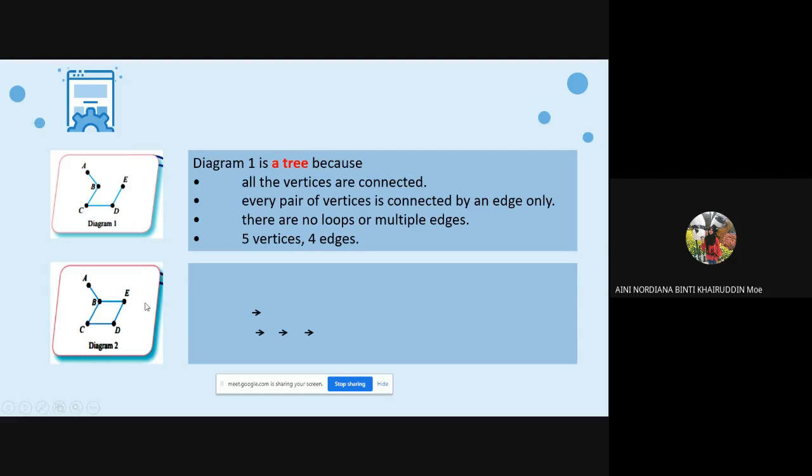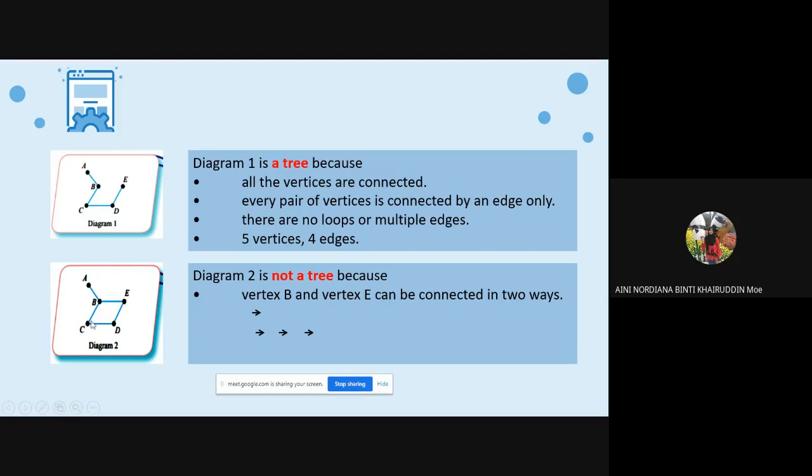Have a look at this diagram 2. Is it a tree? So diagram 2 is not a tree. Why? Because vertex B and E can be connected in two way. B dengan E ni, connected in two way.